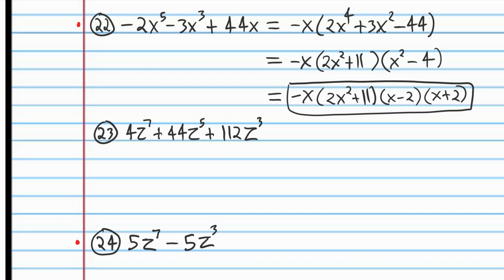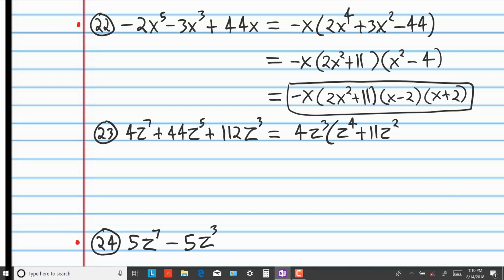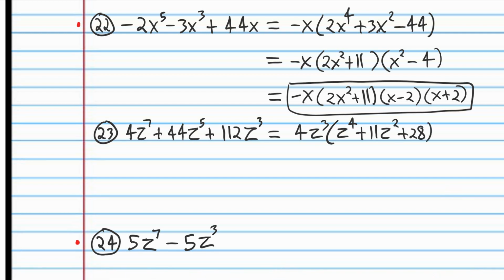All right, we're back. So we're going to factor out 4z cubed. And 112 divided by 4 is 28, I believe. Yep, that's correct. And again, this is a quadratic, but it's a special type of quadratic because we have a fourth power and a second power.